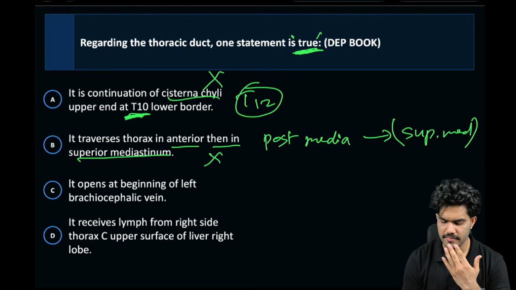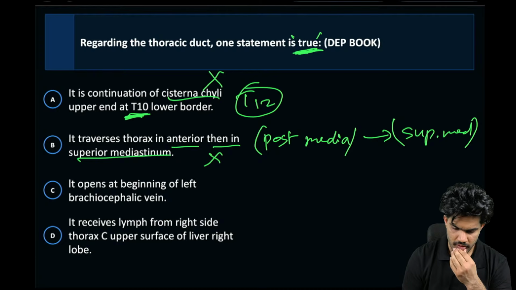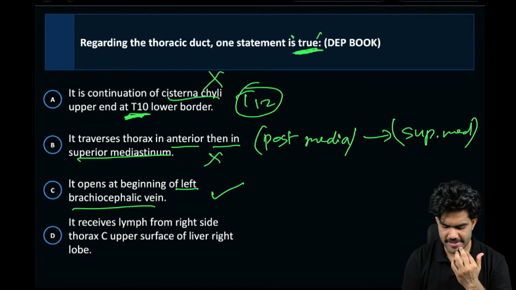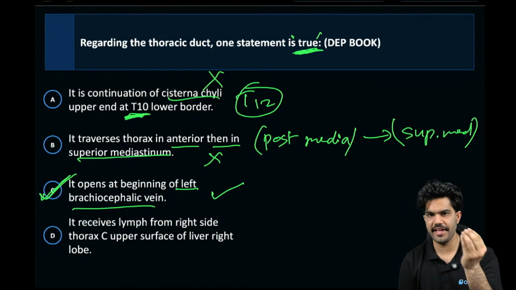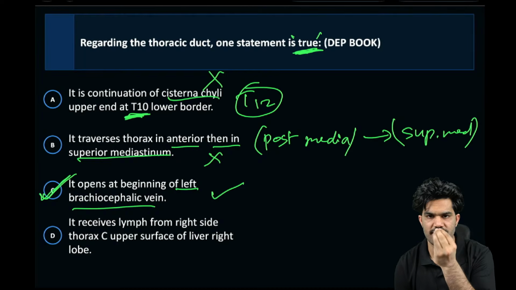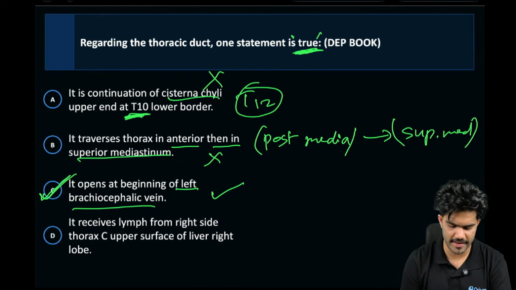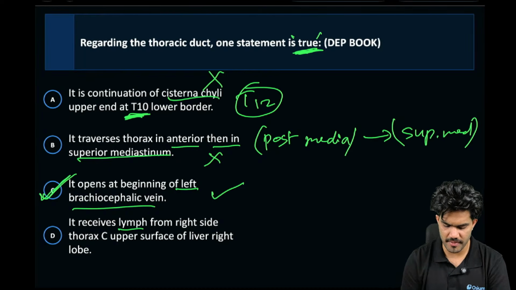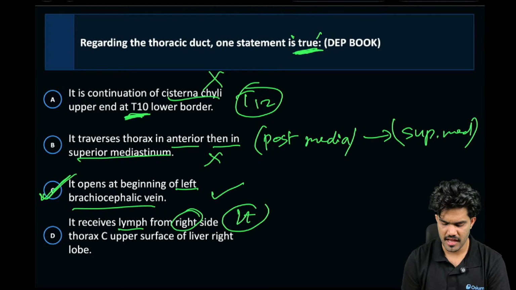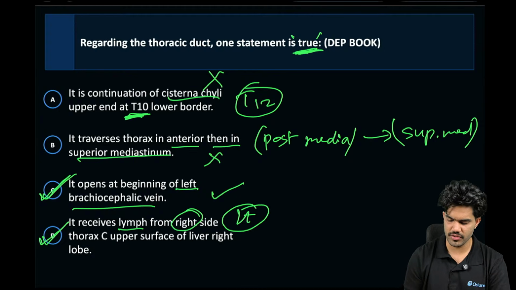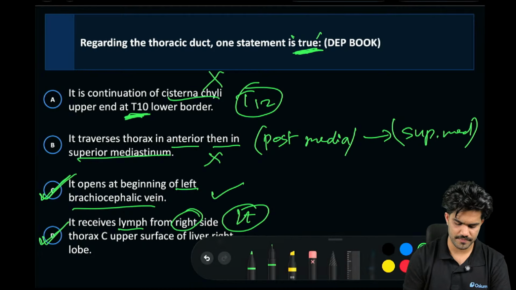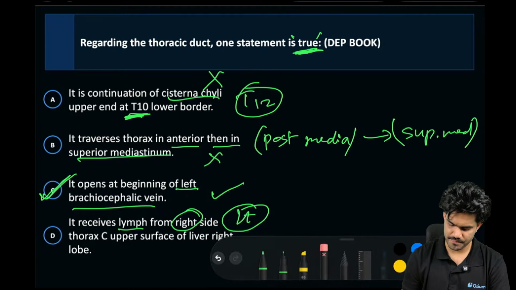Simple. And then it opens at the beginning of left brachiocephalic vein. Yes, it opens. So it drains its lymph to left brachiocephalic vein. Yes, it's true. It receives lymph from the right side. No, it receives lymph from the left side. So this will be the wrong answer. Okay, clear?